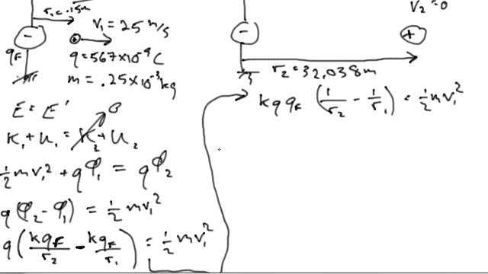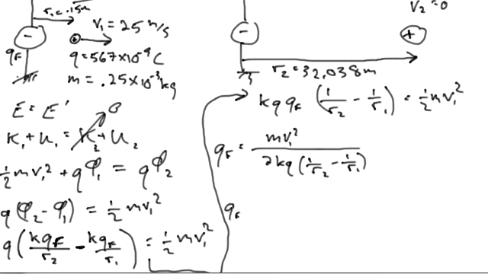So Q fixed is equal to m v1 squared divided by 2 K Q, dividing both sides by this and then by that, times 1 over R2 minus 1 over R1.